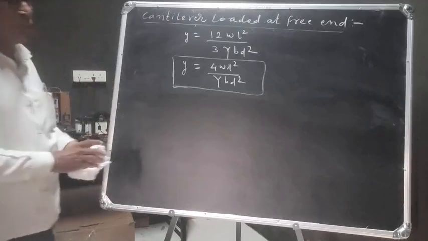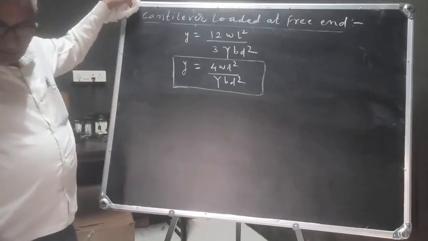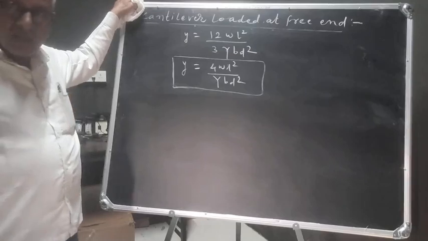Now suppose the cross sectional area is circular, which means the beam is a bar type.